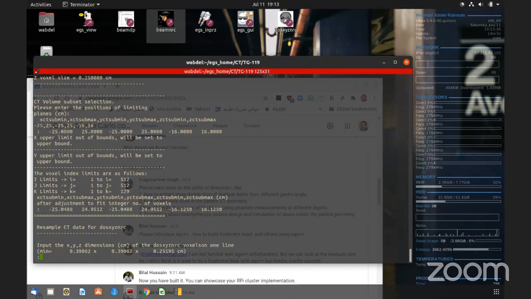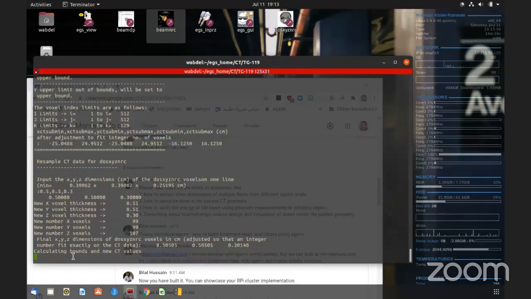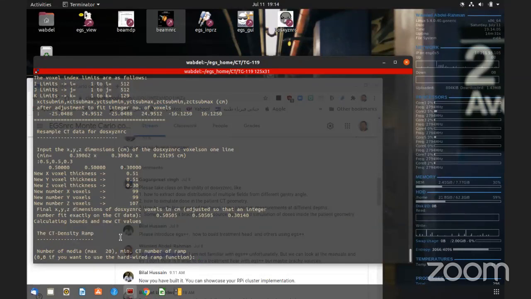So I'm going to put 0.5, okay, 0.5. So this is the resolution, and then I'm going to put 0.3 for the Z. Obviously for the Z it was better. We have to look at the dose XYZ. So when I did that, then it's going to actually convert the CT data and generate this phantom with this resolution.